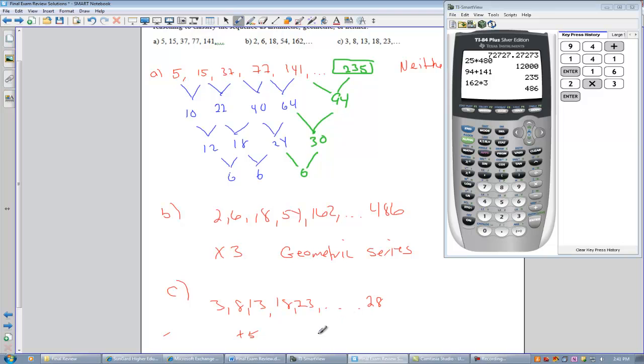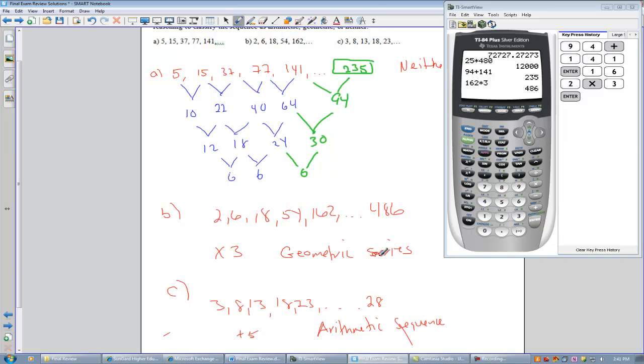And then I'm using my deductive reasoning skills to classify this as an arithmetic sequence, because I know if I'm adding a number each time to get the next term, that's called an arithmetic sequence. Whereas if I multiply by the same number each time, I call it a geometric sequence. Geometric series, I'm sorry. I should change this.